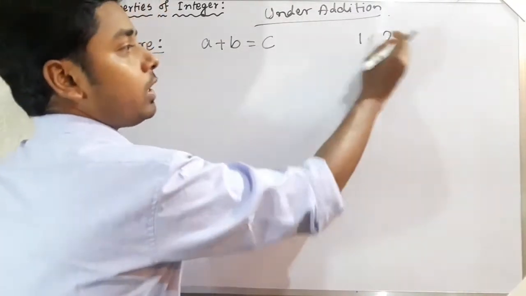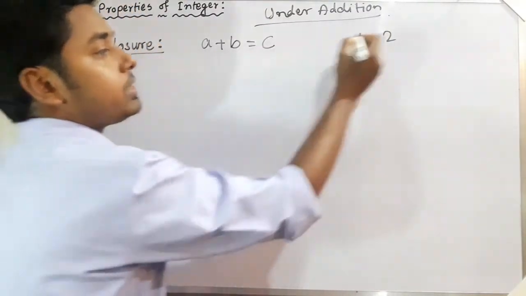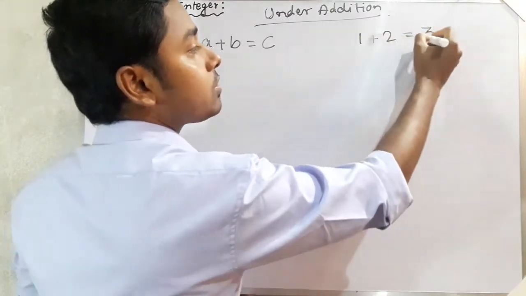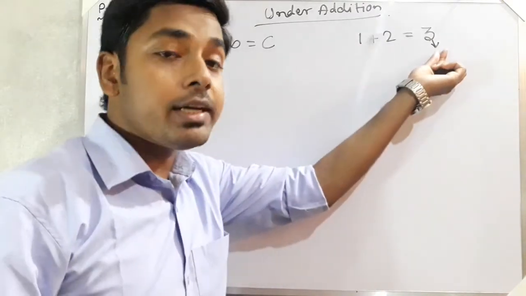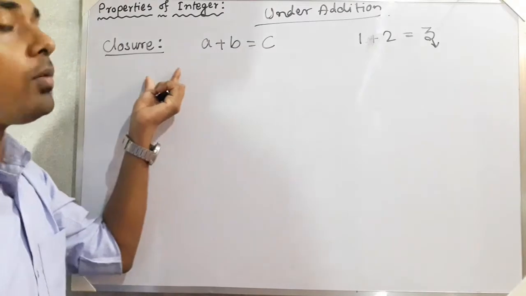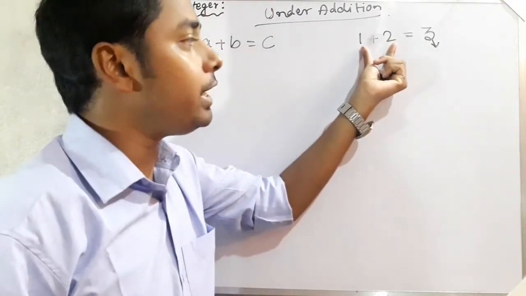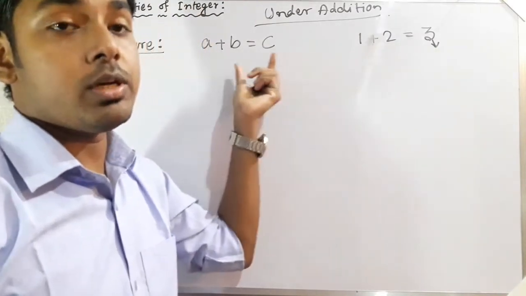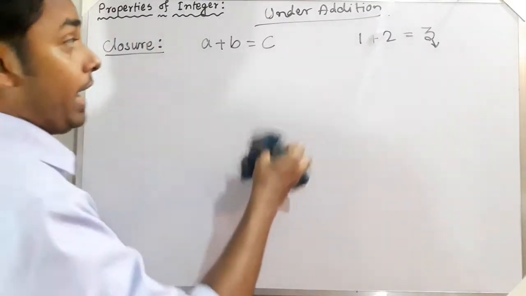So 1 plus 2: we have to add these two integers, so 1 plus 2 is equal to 3. Is 3 an integer or not? 3 is also an integer. So the statement of the closure property under addition is: if we add two integers, then we will also get an integer. This is the closure property of integers under addition.